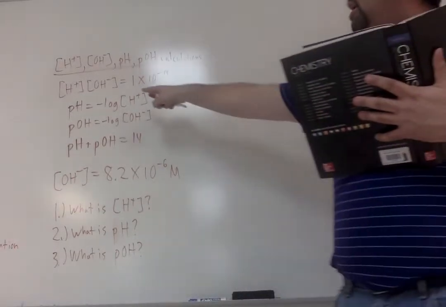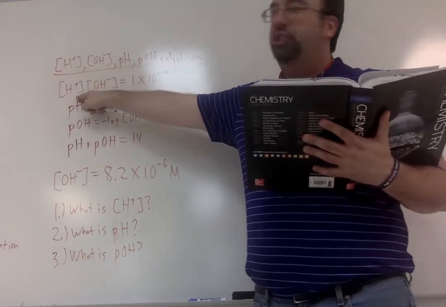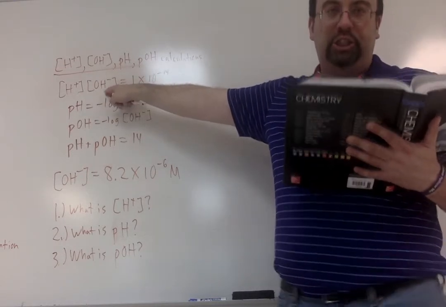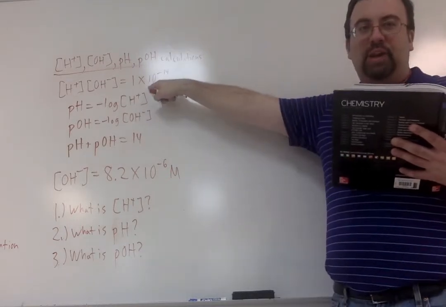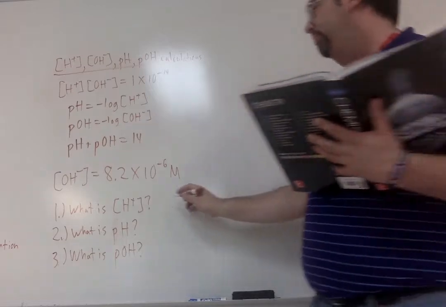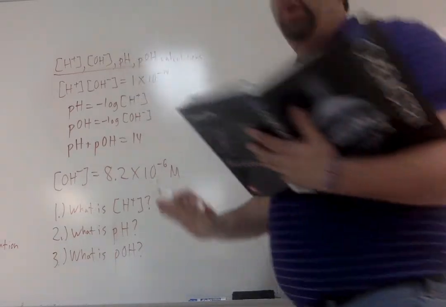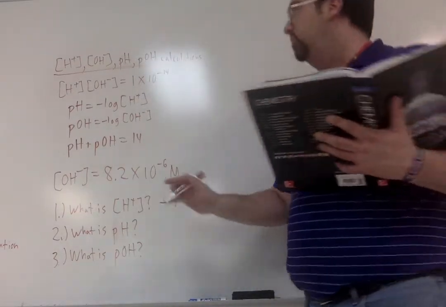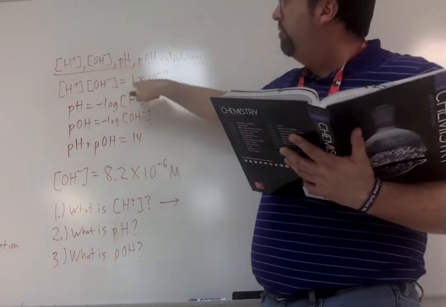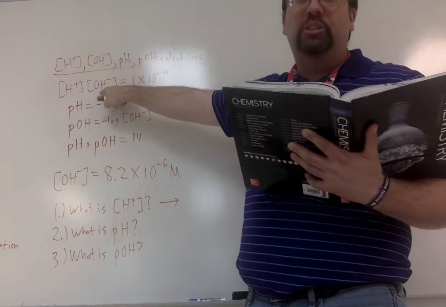So notice, again, that the hydrogen ion concentration times the hydroxide ion concentration gives us 1 times 10 to the minus 14 always. And so we're going to set up this equation to solve for H+. We have to divide both sides by the hydroxide ion concentration.